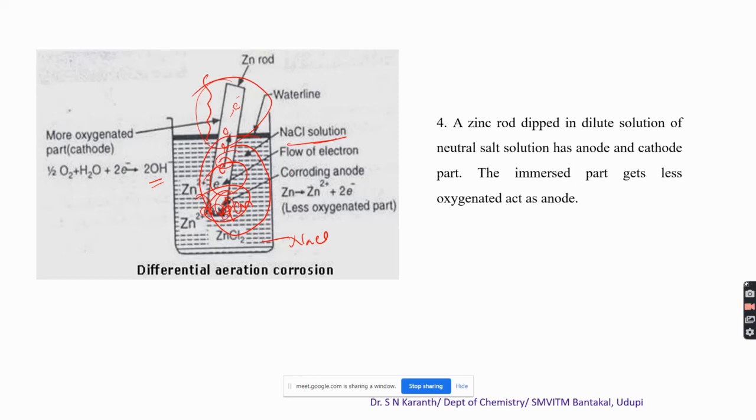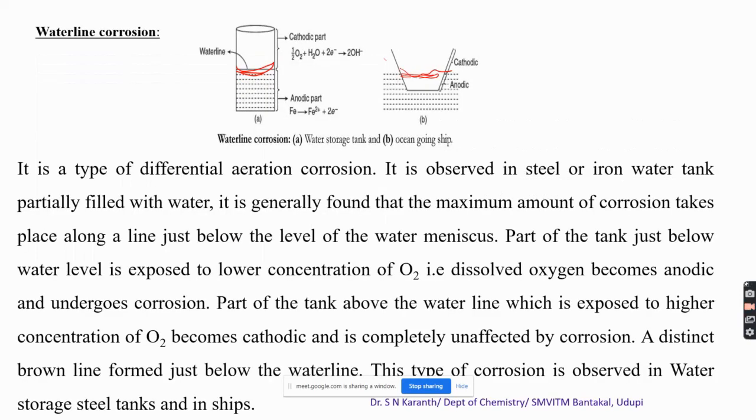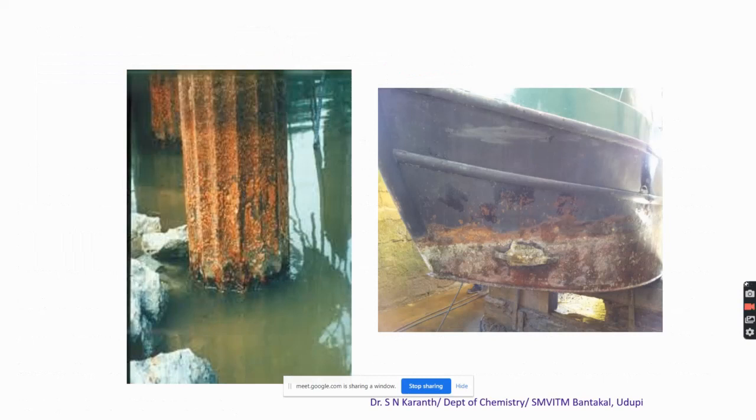And the third type of corrosion is also a case of differential aeration corrosion. You can see this type of corrosion in the case of an ocean going ship or a steel water tank, or in a bridge. While constructing a bridge we may use some iron pipes or pillars, and in these areas there is a change in the concentration of air.